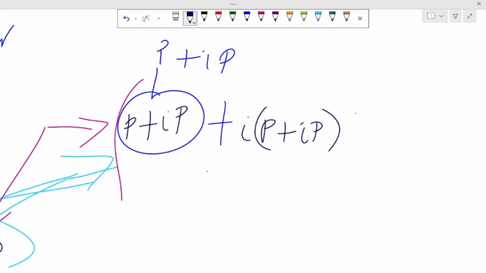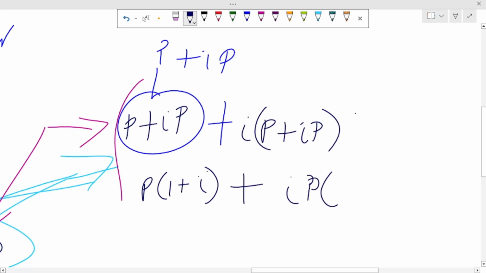So from this, we already have this I simplified as plus I plus P plus, 1 plus I.